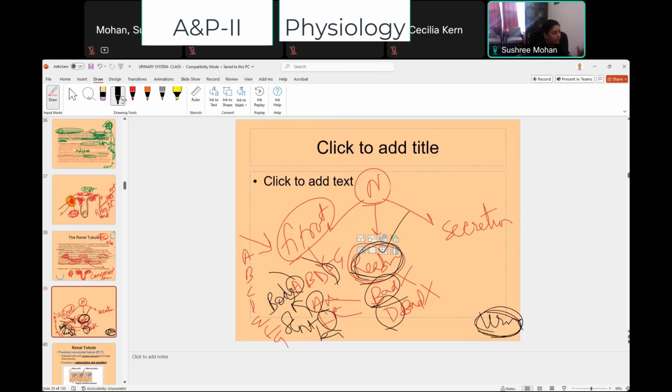Now there are some other substances. The next step is secretion. We get B and D, and with them G is also coming. So we need to do more reabsorption and send it back. G is sent back, but suppose there is a P ion present, which due to the concentration difference has escaped.